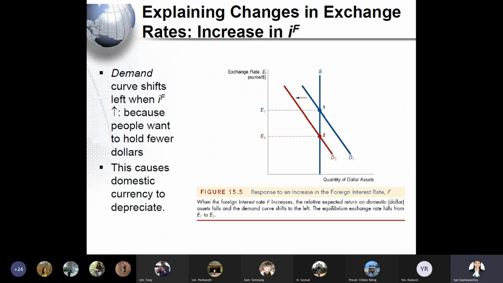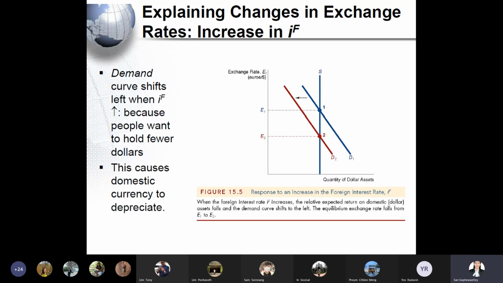Putting money in banks in euro provides them higher expected returns. So when they are holding US dollar assets, they need to exchange US dollar assets for euro. Then the demand for US dollars is decreasing.